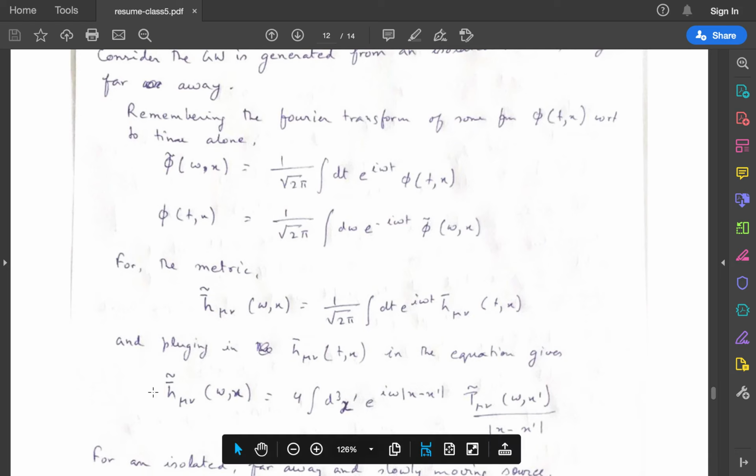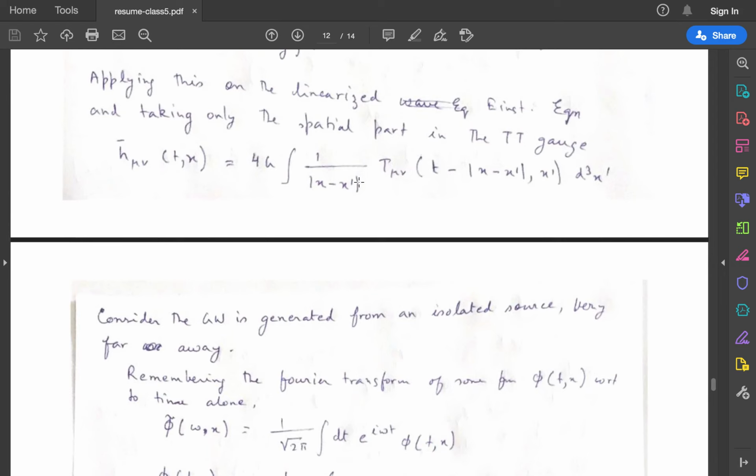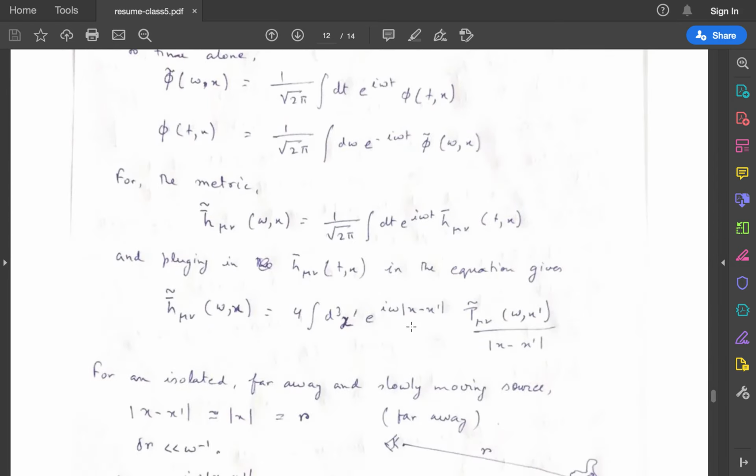If I put it back here, where the tilde is the Fourier transform and T̃_μν is the Fourier transform of T_μν, I can have h̃_μν of this form.